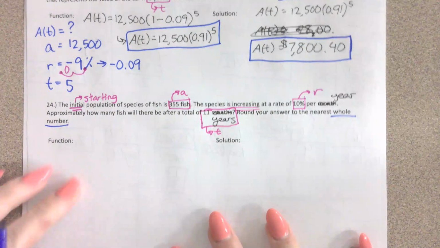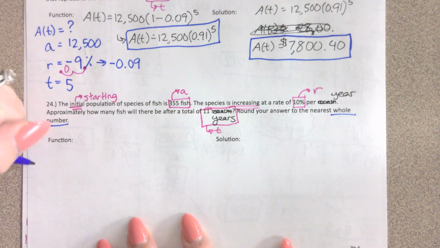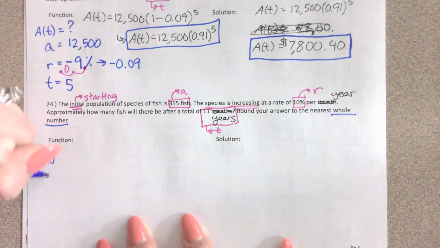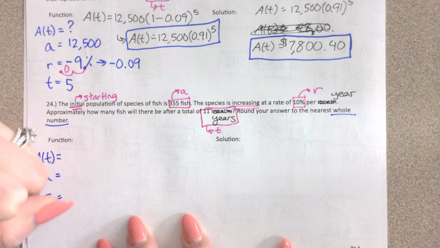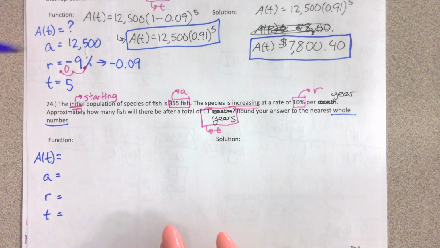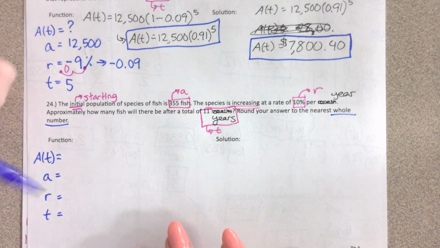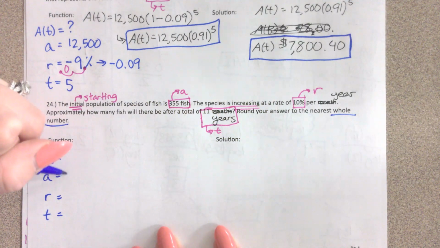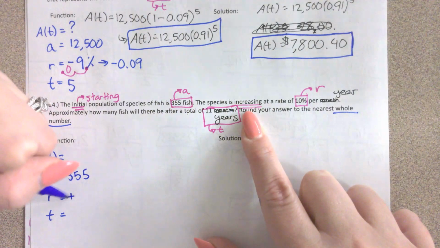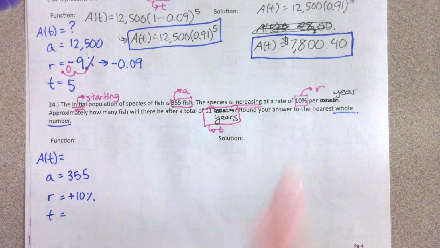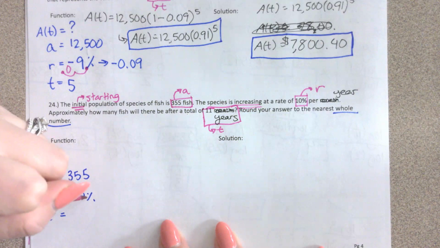All right, let's set up our equation. We have a of t, little a, r, and t. Okay. Little a, we started with 355 fish. And the species is increasing, so that's plus 10%. Once again, no percents allowed.